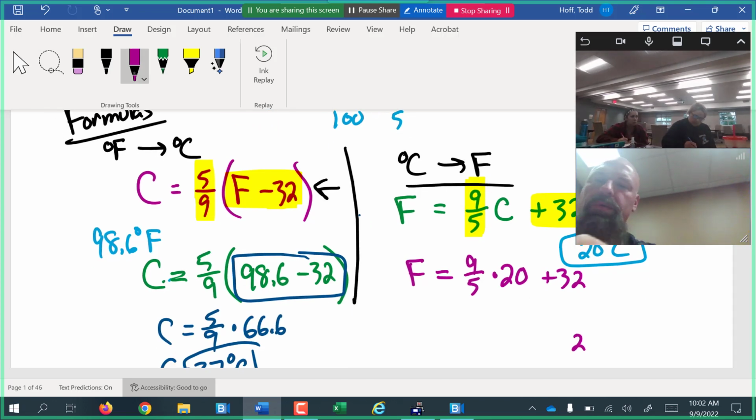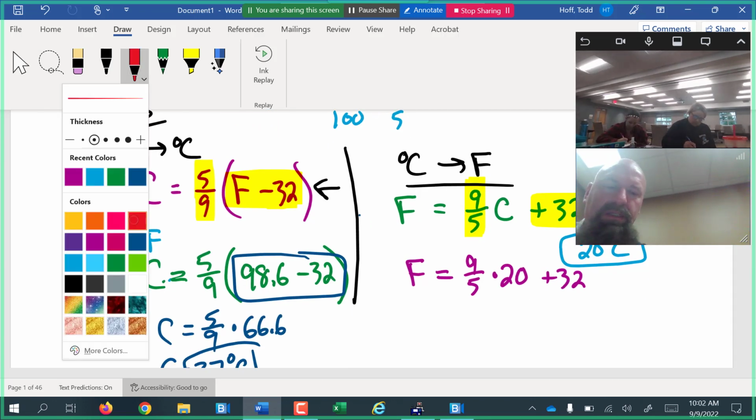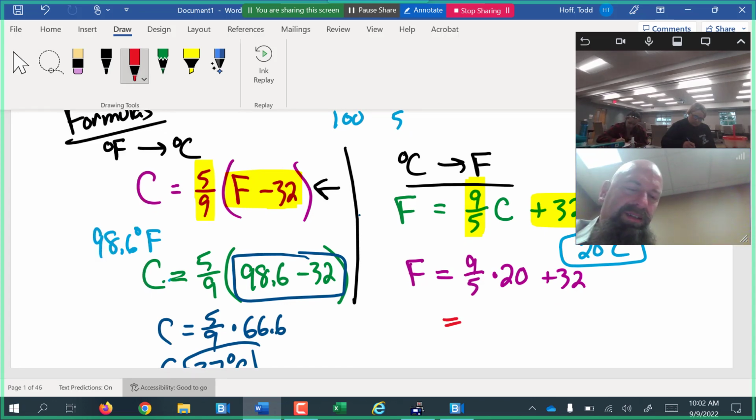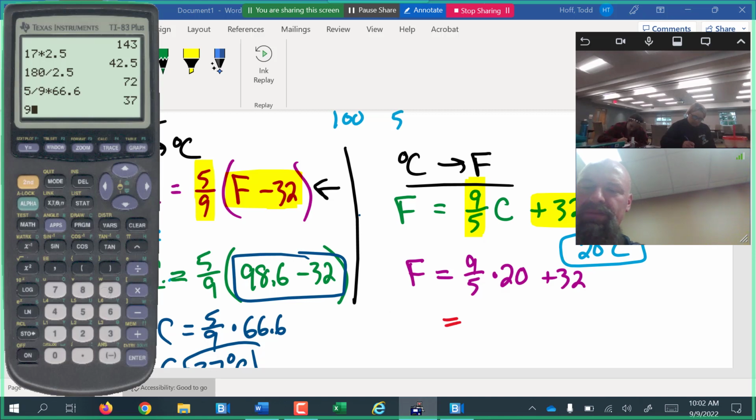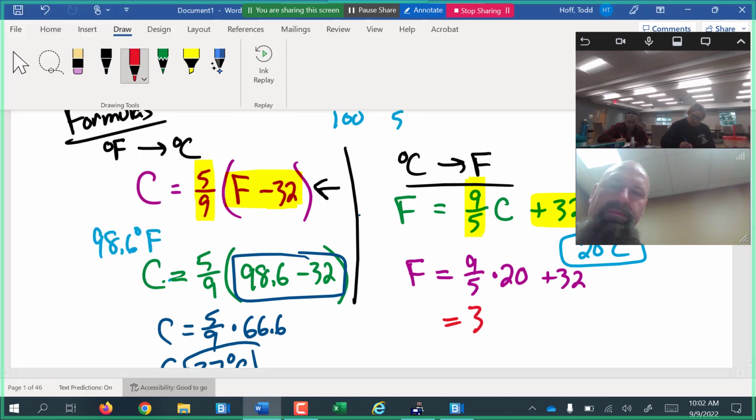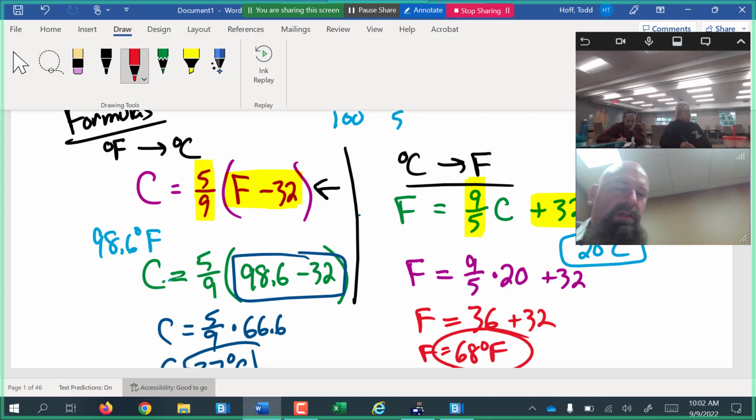We do 9/5 times 20, so 9 divided by 5 times 20, which gives us 36. Then we add the 32 to get 68 degrees Fahrenheit. That'd be about a perfect day for me.